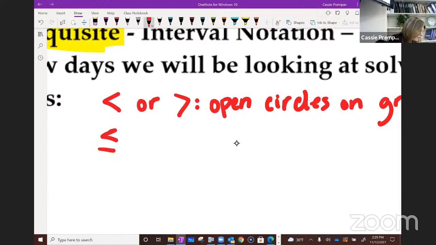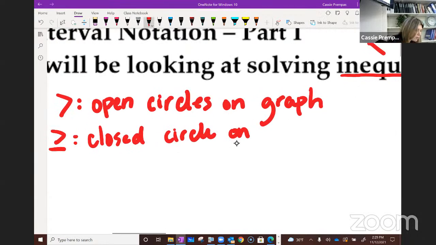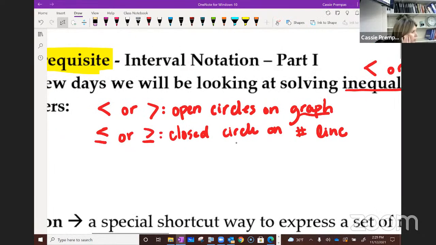And that would be, again, if there's an equal bar below those symbols, that means that the number actually is a solution to the inequality, and we represent that visually with a closed circle on a graph. And when you're thinking about a graph, the graph is a number line. That's what the graphs are when we look at inequality graphs.